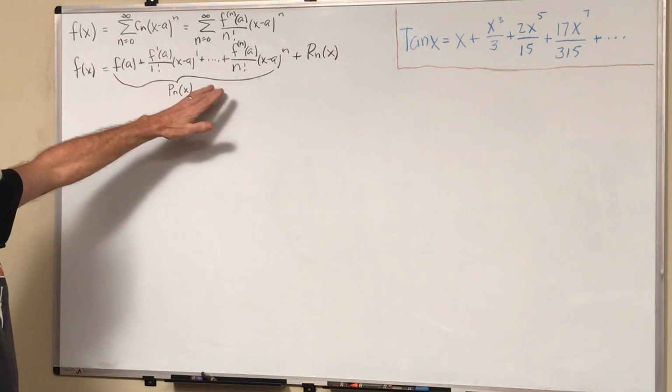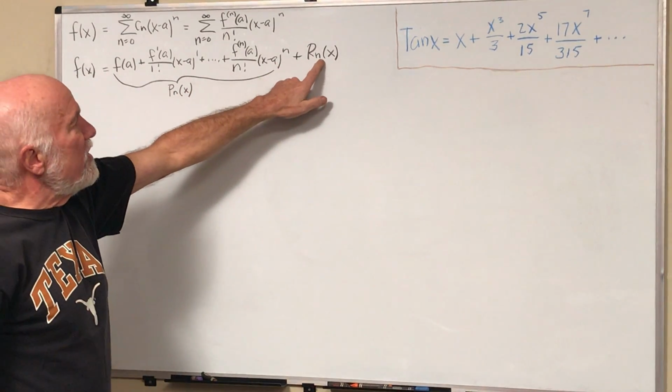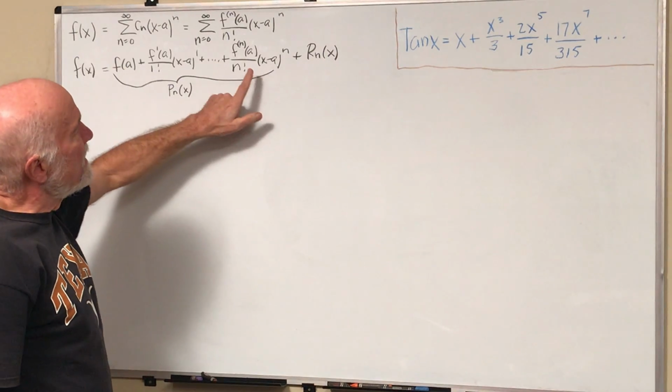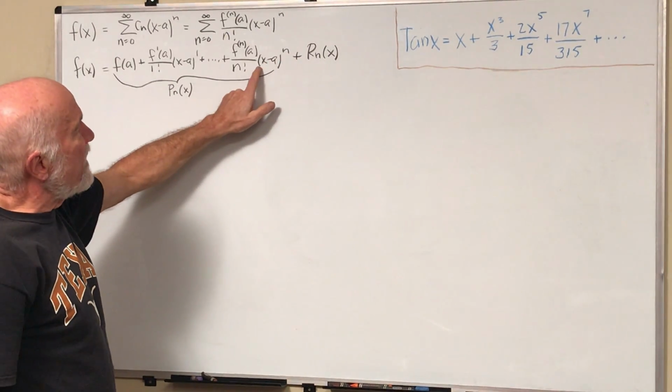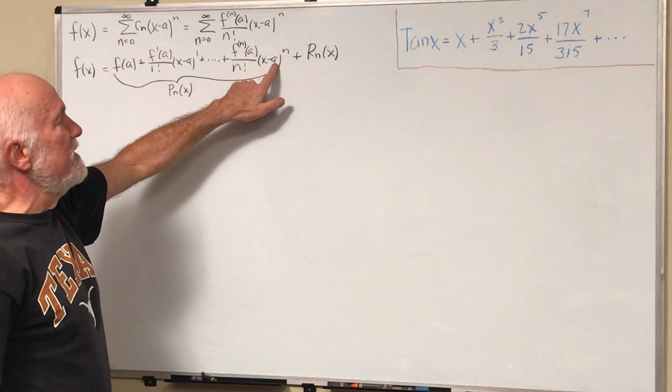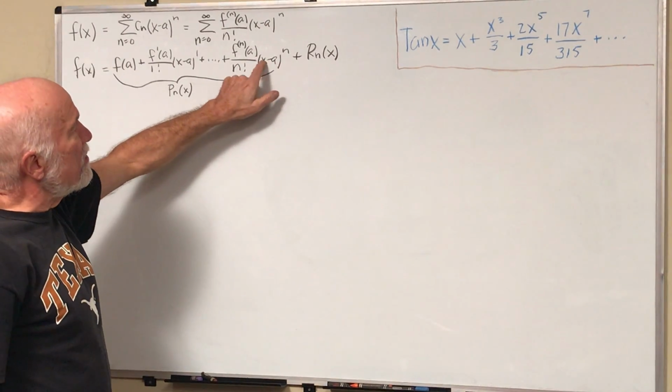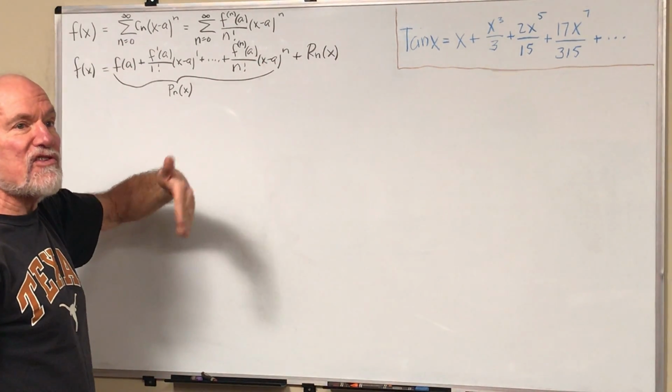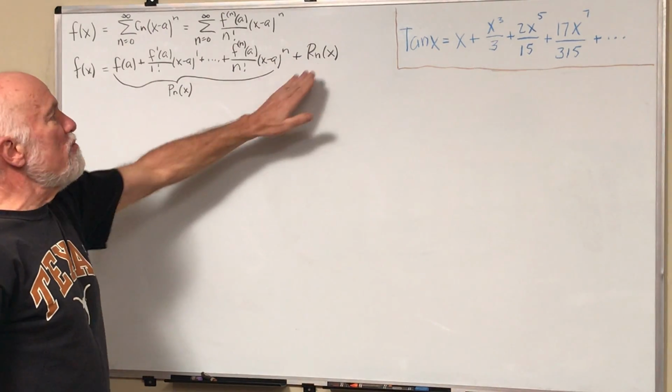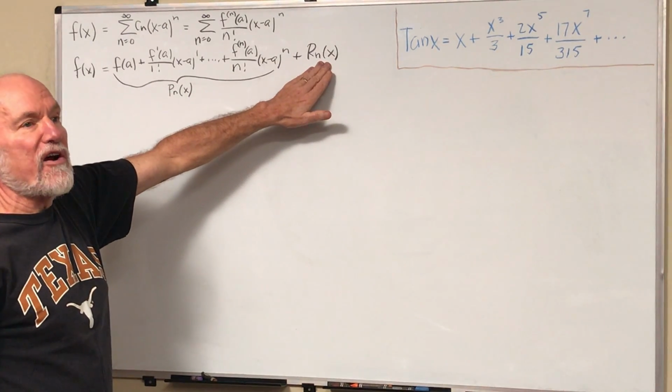You can kind of see there are two things that are going to affect this. One, all of these terms are going to have x minus a in them. So the smaller this is, the closer x is to a, the smaller the remainder is going to be, the smaller our error is going to be.